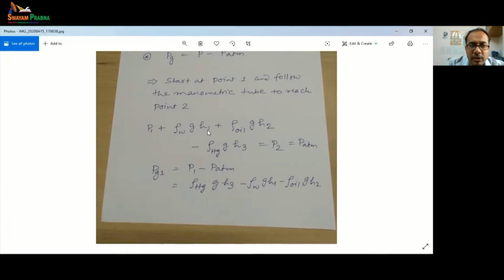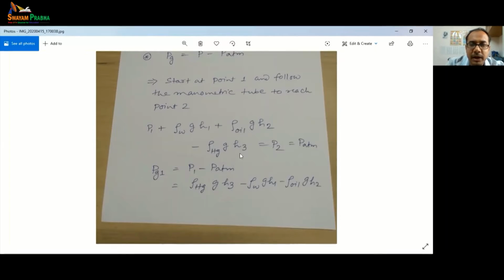Because with h1 we are going deeper, this is a positive sign. Again for the oil column also, we are going deeper with respect to the point where the oil column starts, so again we will have a positive sign here. To get the pressure increment, we have to use rho of oil because the column is now made of oil. Again rho oil g into h2.